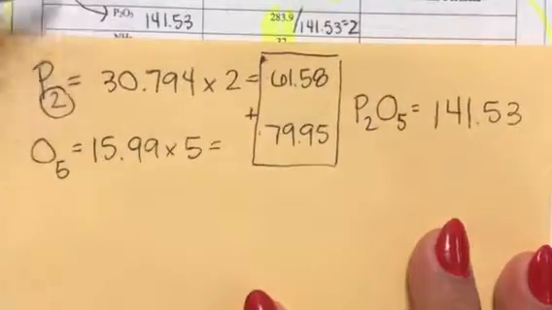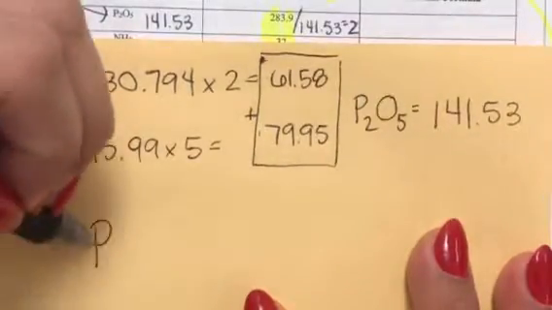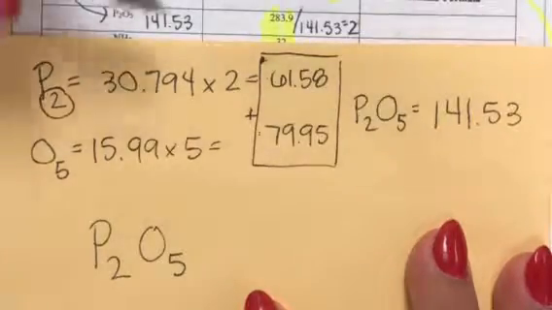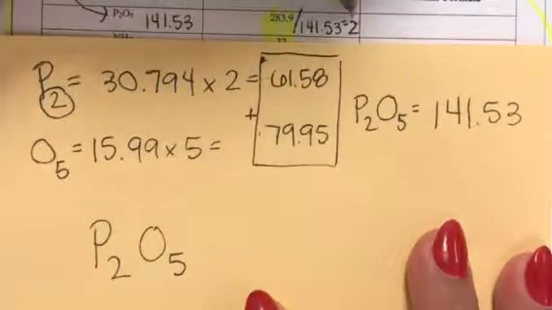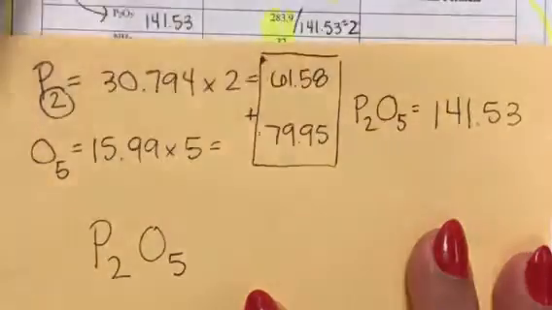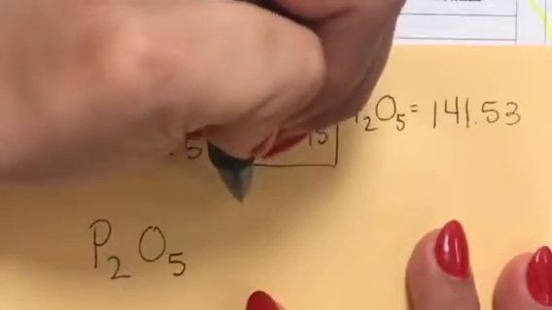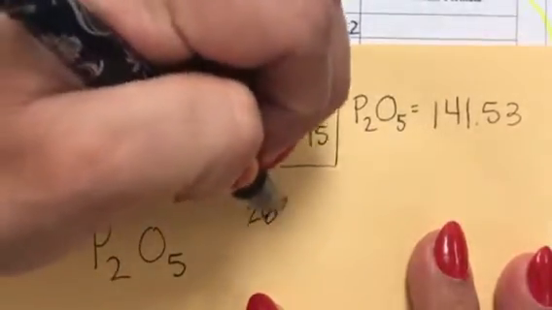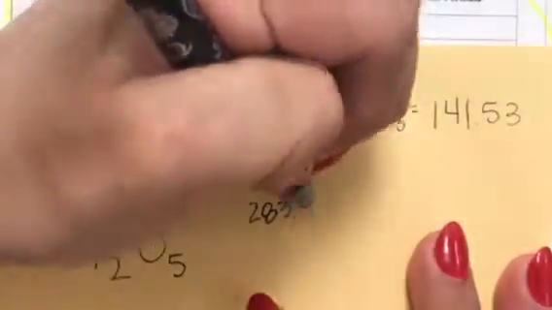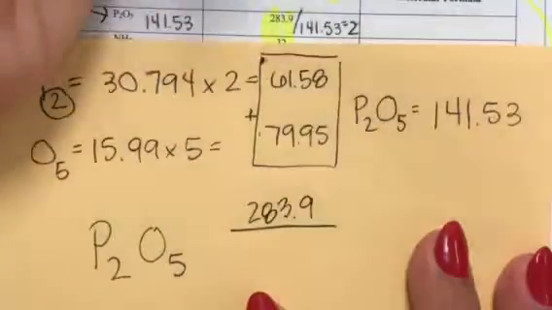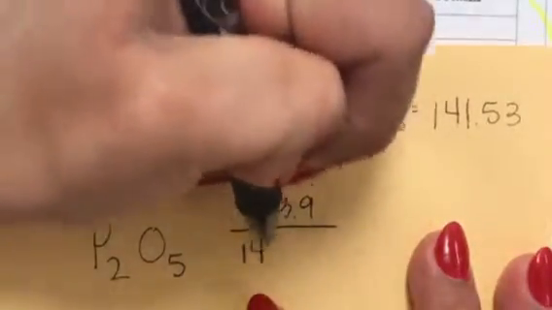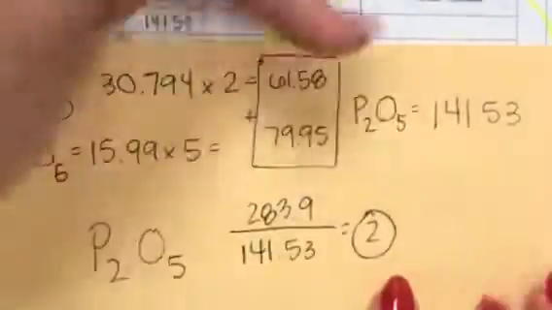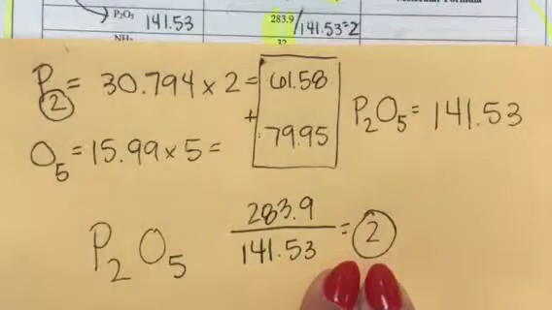So our original empirical formula was P2O5. Okay, and the number I got here after dividing them was 2. So after I divided 283.9 divided by 141.53 equals 2. Now this is, we'll call this the multiplier, because that's exactly what you're going to do.